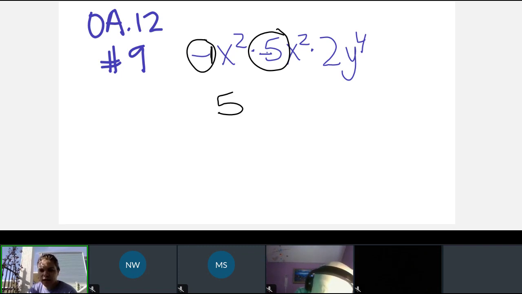Negative 1 times negative 5 is positive 5. After we do that, we are going to take our base, so x, we have x squared times x squared. So 2 plus 2 would be 4. So these two multiplied together give us 5x to the fourth.